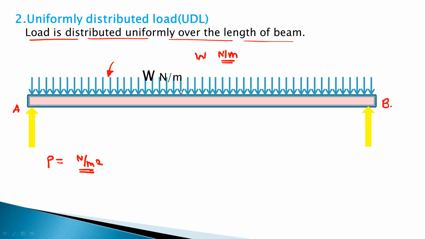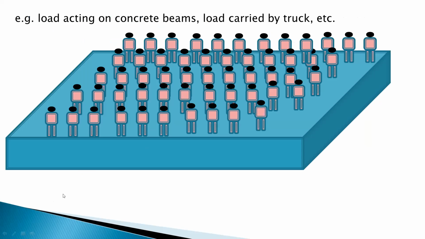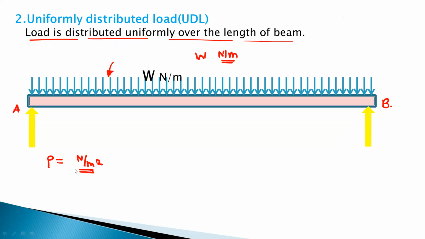You can note down this UDL. For the UDL, the load intensity is represented as W, and the unit is Newton per meter. It is also called line loading.